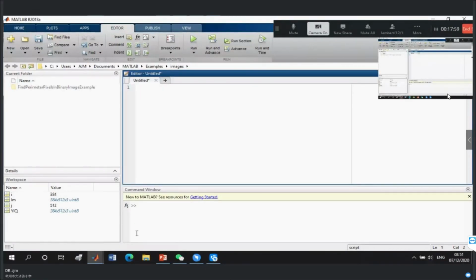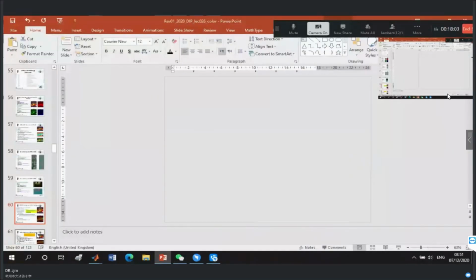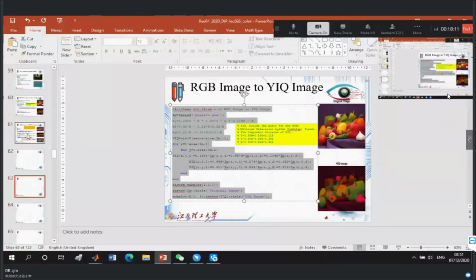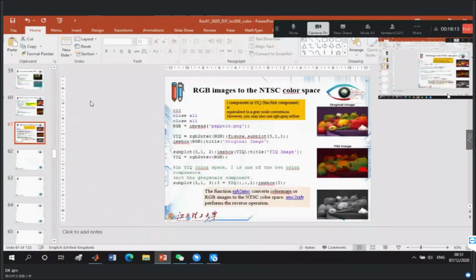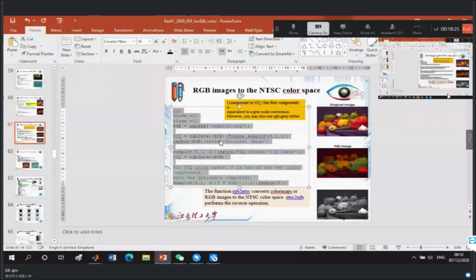Okay, next example. Yes, this one. This is again RGB to NTSC, and also getting the value of the I, which is equal to the gray color. Yes, let me copy paste.